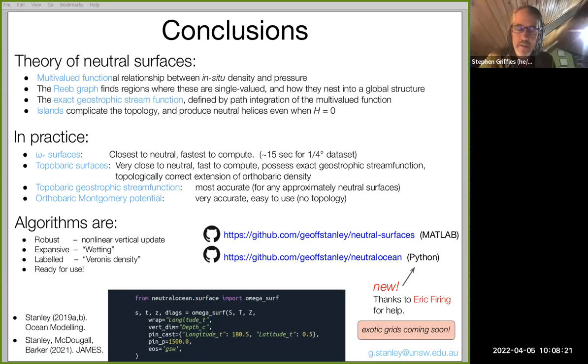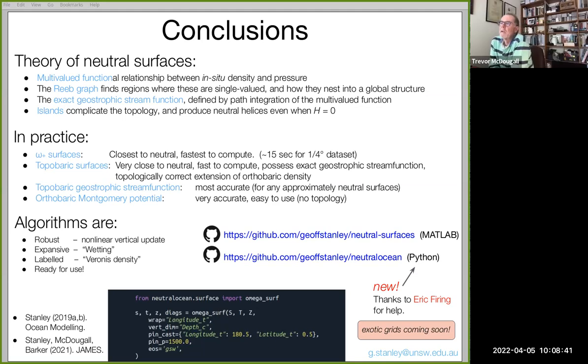In the sense that you can run that layered model and preserve properties within those layers exactly, even though you're not preserving them within layers defined by neutral or omega surfaces or topographic surfaces. You're preserving the properties within the sigma 0 layers. Yeah, so that's a great thing to do if you were modeling some fluid other than seawater.